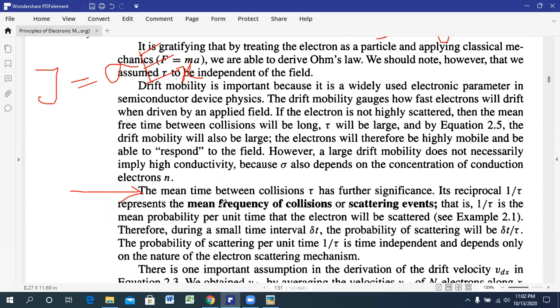We know that the number of cycles per unit time is known as frequency. In the same way, the reciprocal of this relaxation time tau is known as the mean frequency of the collision, and that one is also known as the scattering event. Is that clear?